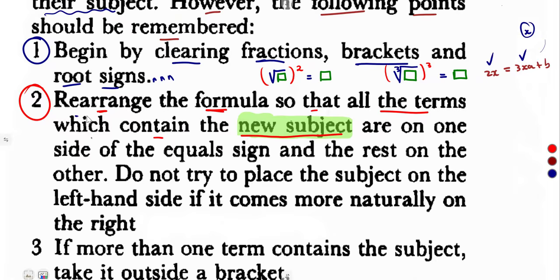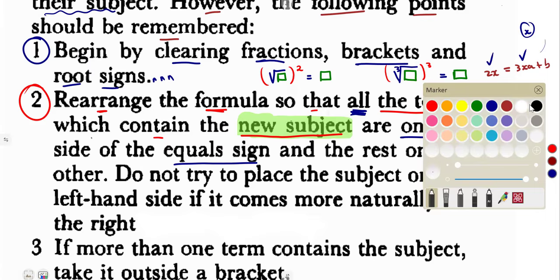So you must rearrange the formula so that all the terms which contain the new subject are on one side of the equal sign. You must take those terms with x, whatever you want to make the subject, to one side of the equation.